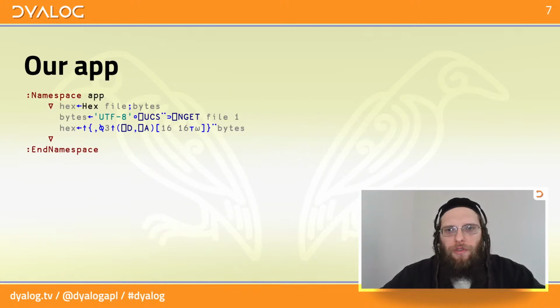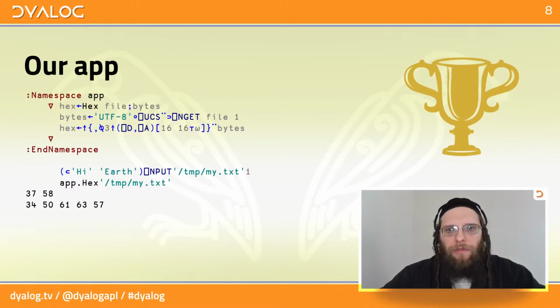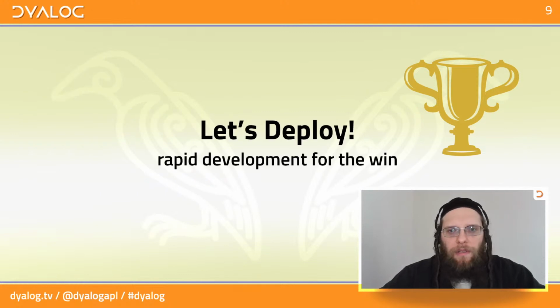Let's try running it. So we create a text file that contains a couple of lines of text, and then we run our application, and we get a nicely displayed result. So that looks ready to go. There's just an issue.